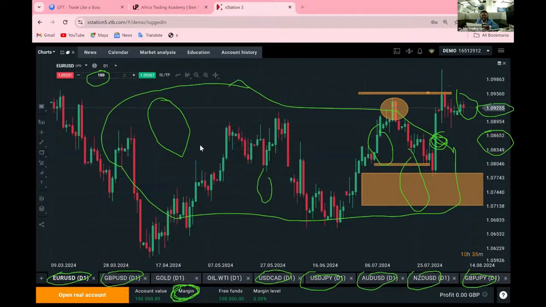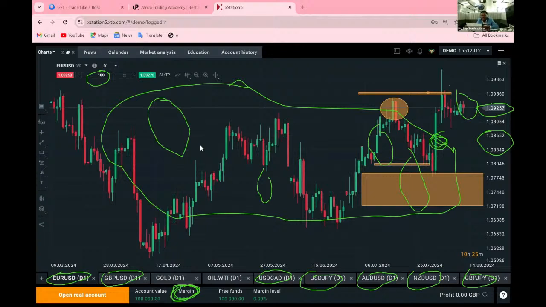Then your equity is your balance in the market. When I say balance in the market, it is different from actual balance. It means that when you place a trade and you are gaining, it will be adding on your equity, not on your balance. Even if the trade is losing, it will also be reflecting on your equity, not on your balance.